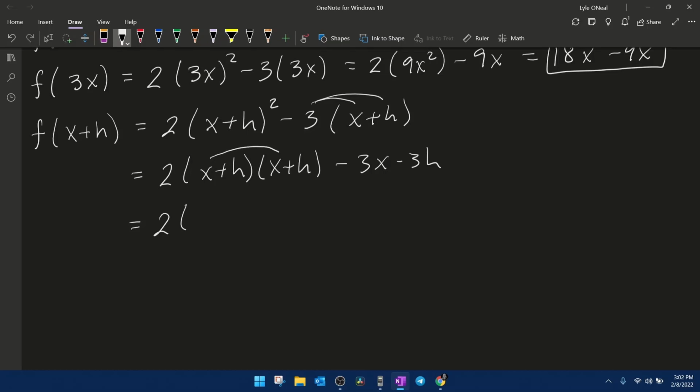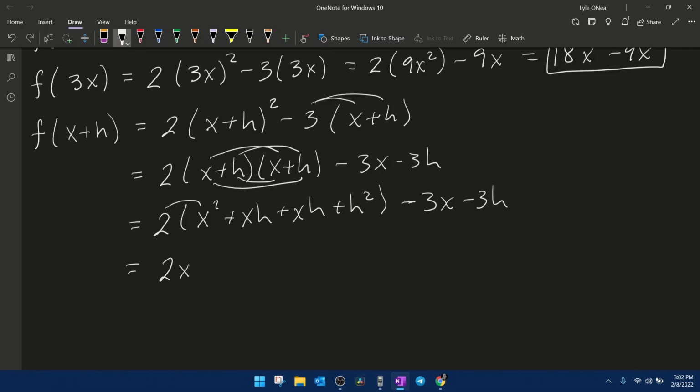So first, x times x gives us x squared. On the outside, x times h is just xh. On the inside, h times x, I'm going to write that again as xh, and h times h is h squared. The minus 3x minus 3h come down, and here we've got one more step to go. We need to distribute the 2 and combine like terms. 2x squared.